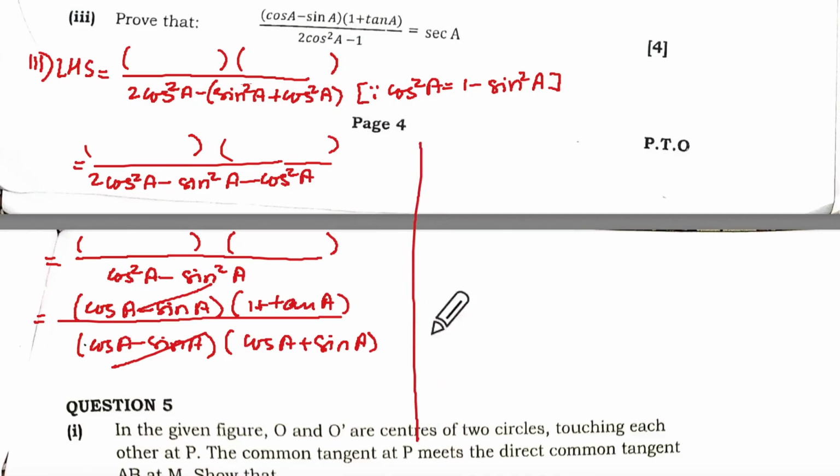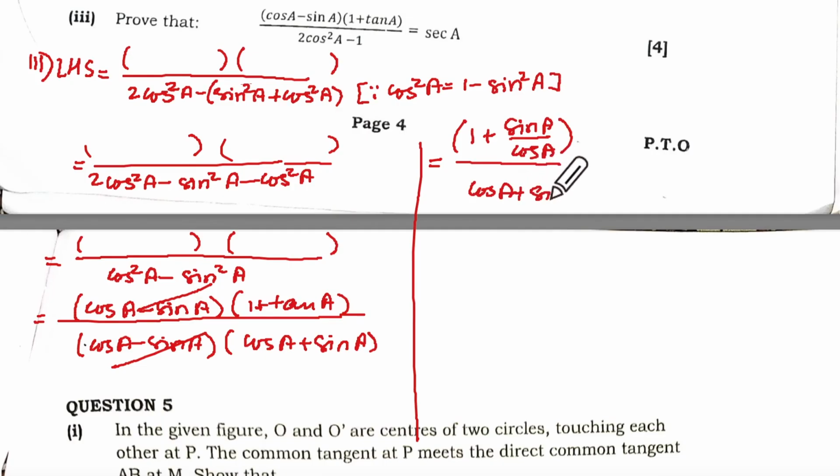In the next step, we will write equal to below equal to, and I want sec a, so 1 plus tan a, I have no choice but to write it as 1 plus sin a upon cos a. And in the denominator, I will write cos a plus sin a.